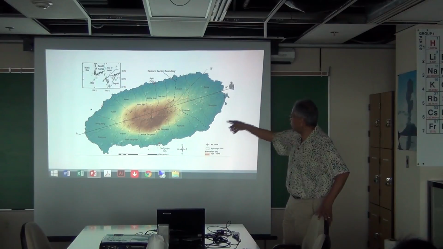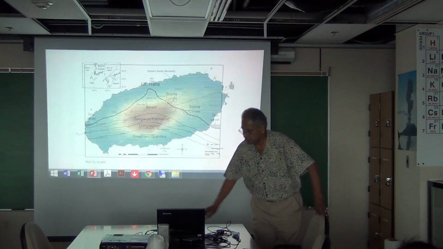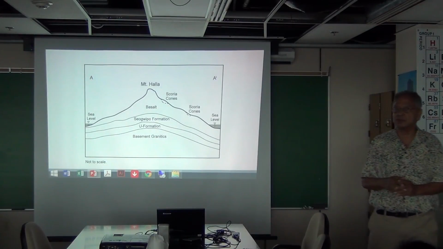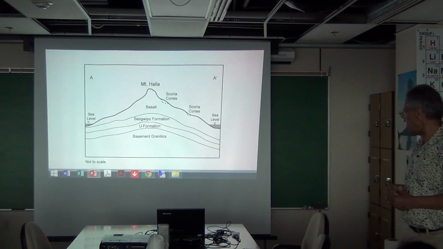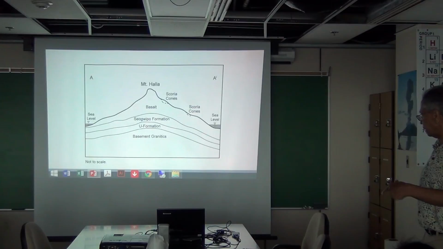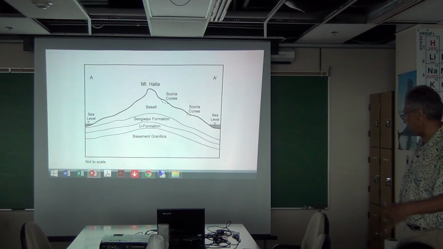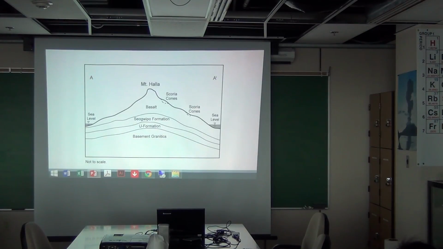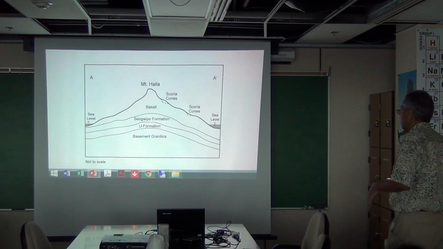So if we take a cross section A, it will look like this. This is the conceptual model now, right? We have different layers. This is the main water-bearing aquifer, the unconfined aquifer. But it has two formations, the CU formation and the U formation, which are very low conductivity material, and the basement, which is basically low conductivity.